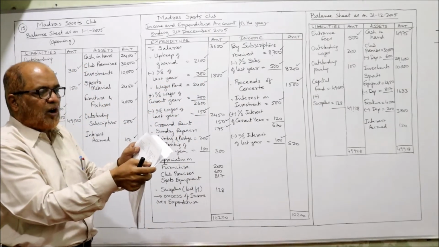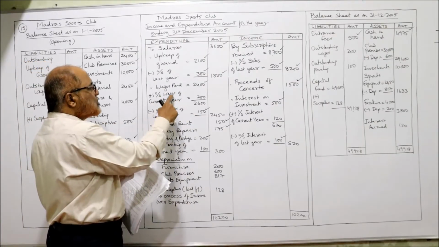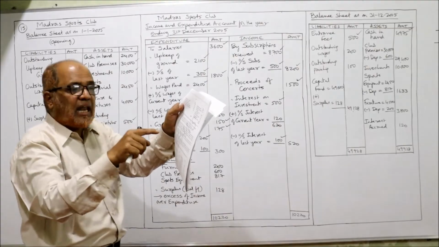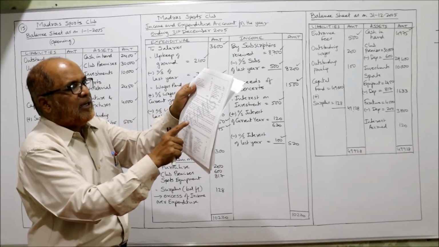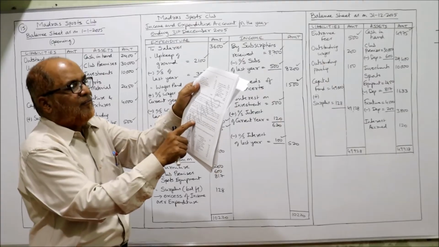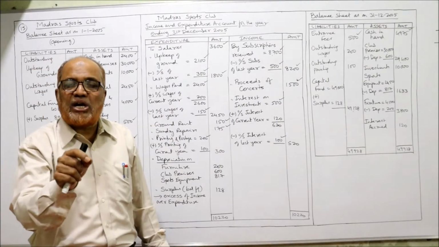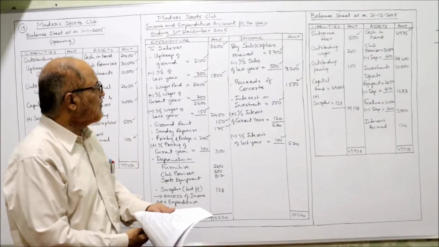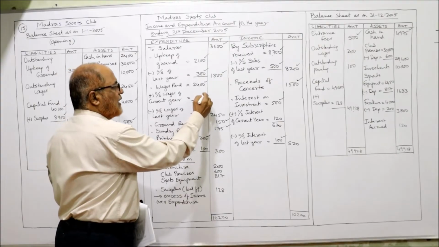Wages paid. Wages of groundmen 2,400. So 2,400 wages paid. Outstanding wages of current year. See the last sentence: outstanding liability on 31st December 2005, wages 200. So current year's wages outstanding 200 will be added.